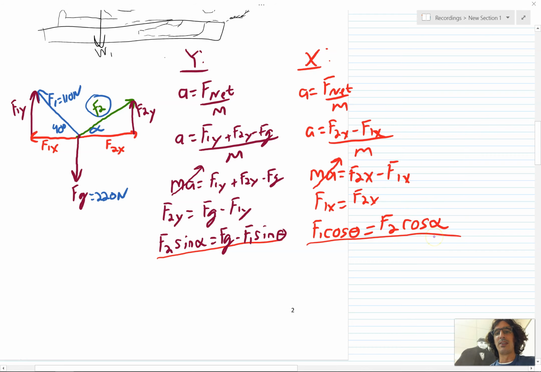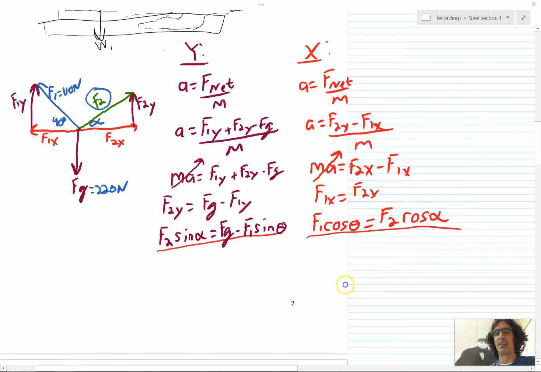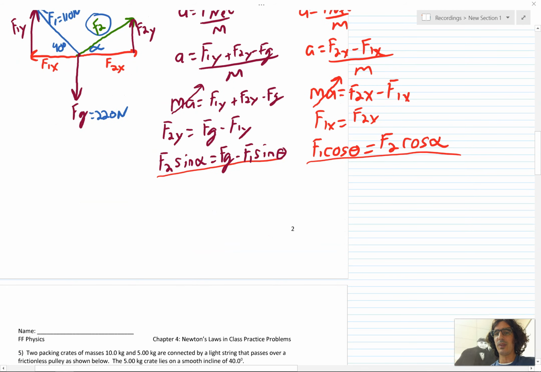If we divide these, the F2's will go away. Sine over cosine gives us tangent, so that'll help simplify that as well. I'm going to do the division because it requires the least amount of work. So let's divide the left equation by the right one.